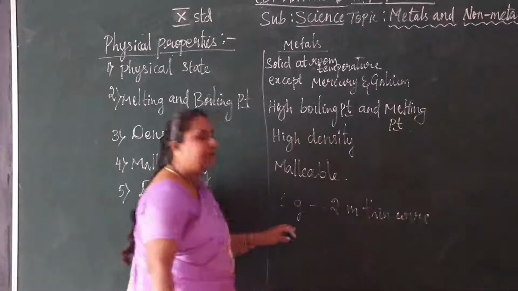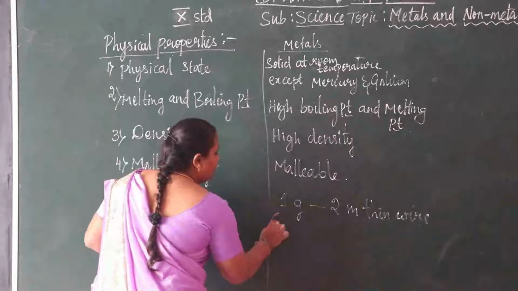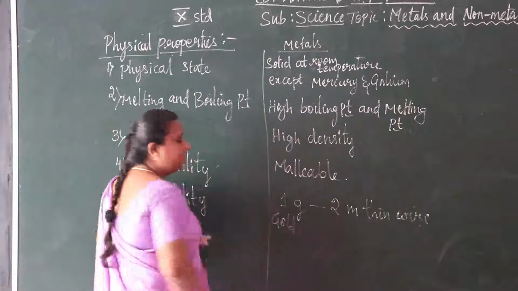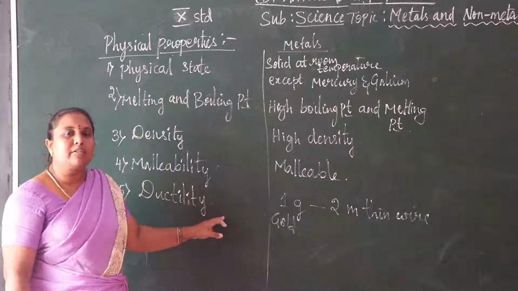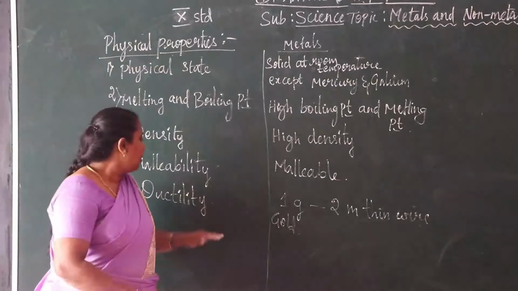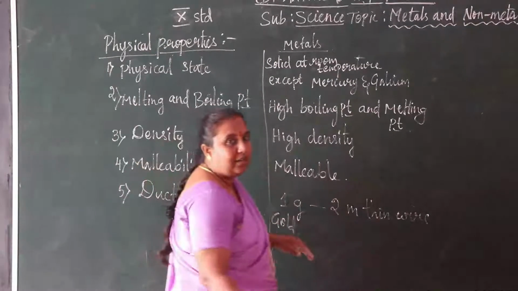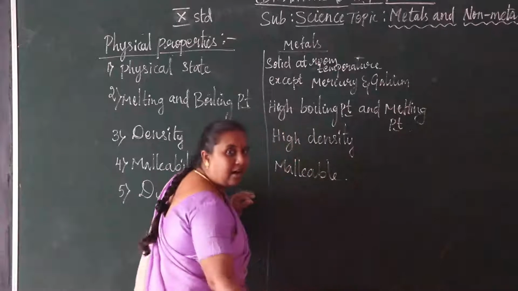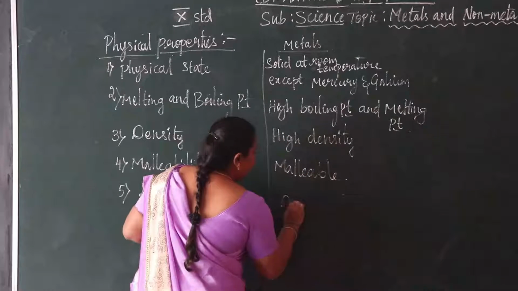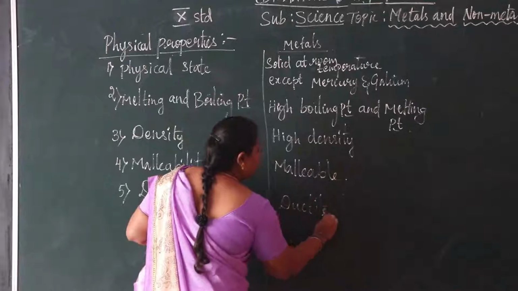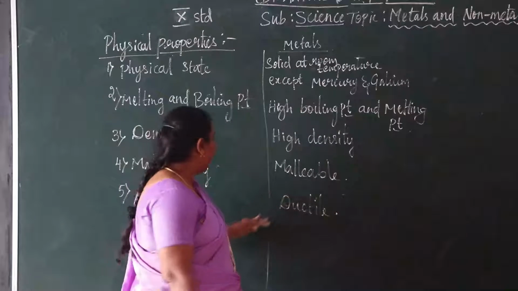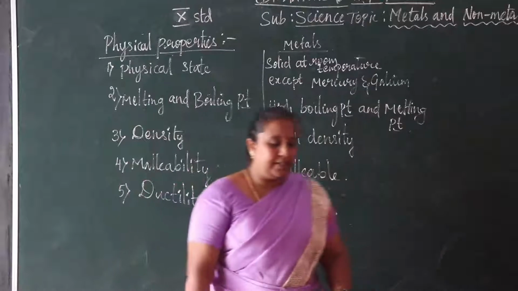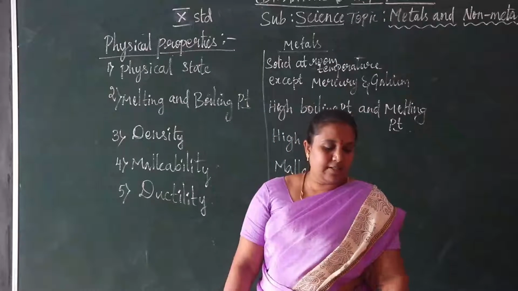Sorry, 2 meters, not kilometers. So the most ductile metal is gold. Metals have the ductile property also. Metals are ductile.